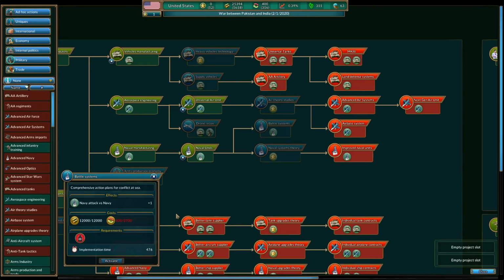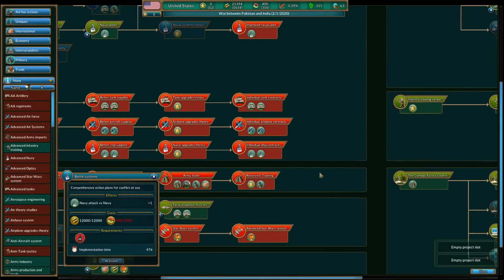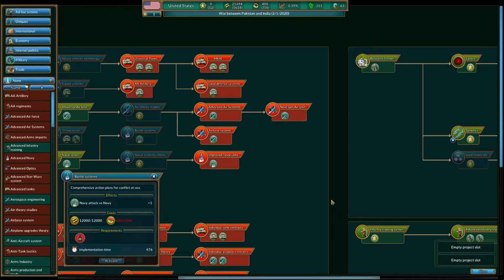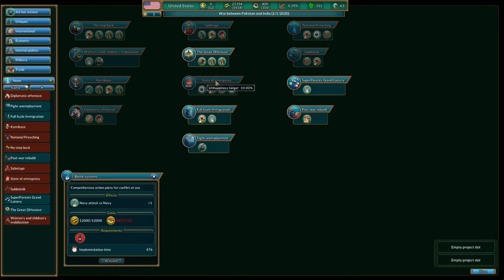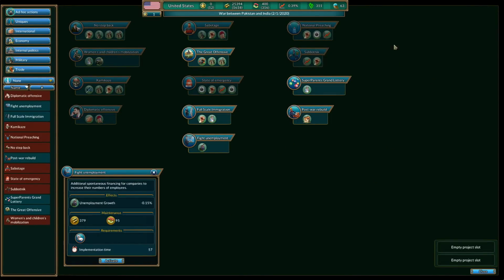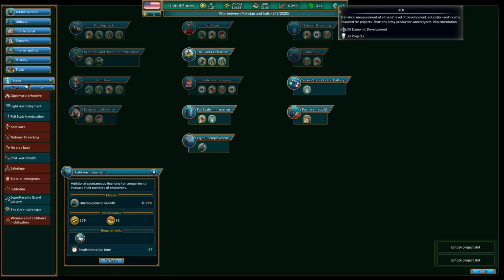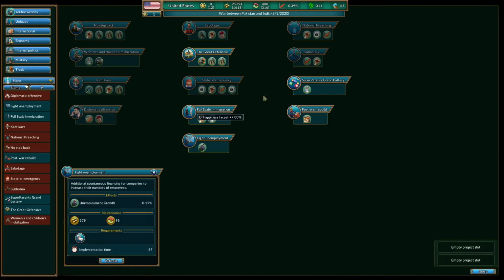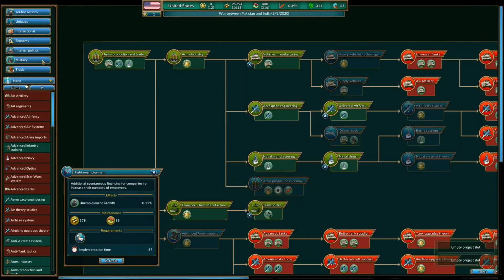The main campaign does take place over an 80-year time period, so a year and a half passing or so is really not that big of a deal for activating a project, especially if you know you're going to keep it. The temporary ones, meanwhile, tend to be very fast to activate: 29 days, 43, 57. This amount of time also scales with your HDI, so the smarter your population is from your economic development and your other projects, the faster they will implement any new project, pretty much.